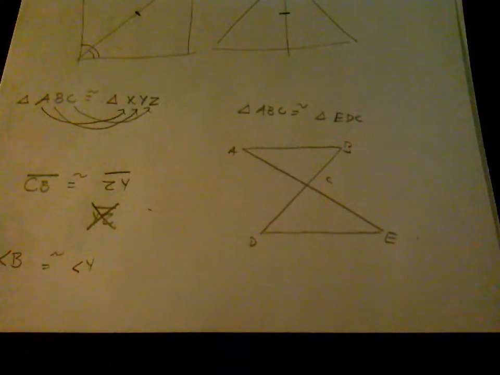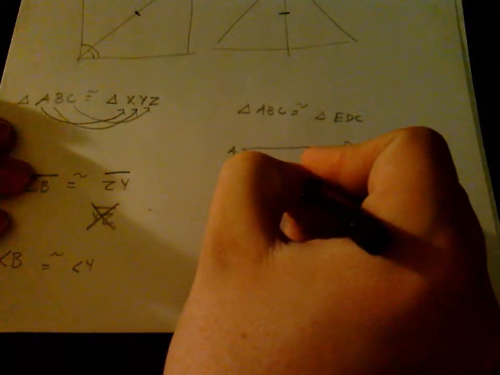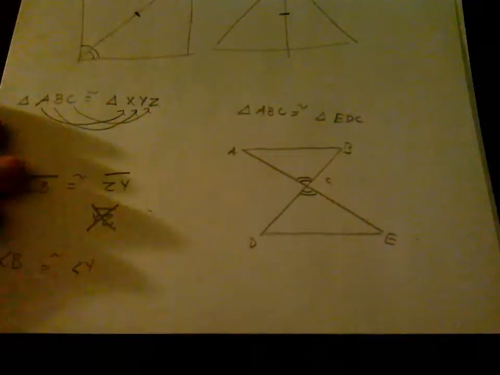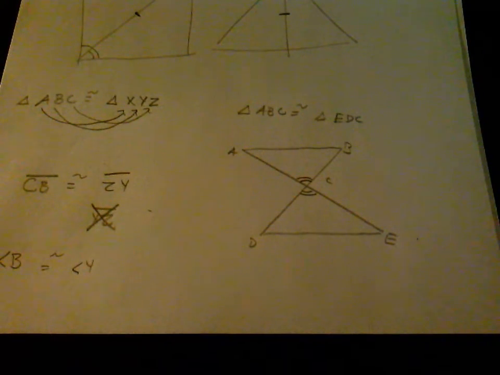So those two things are congruent. I said those two things are congruent, and I wanted you to tell me these two angles are congruent. I want you to write it down that they are congruent.